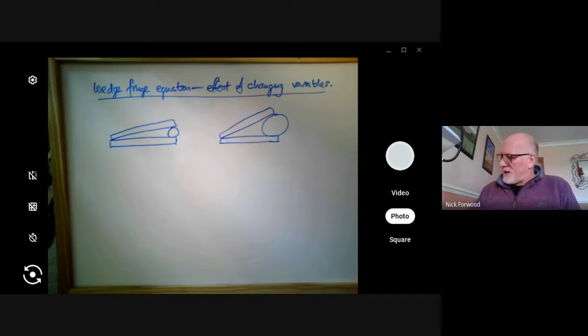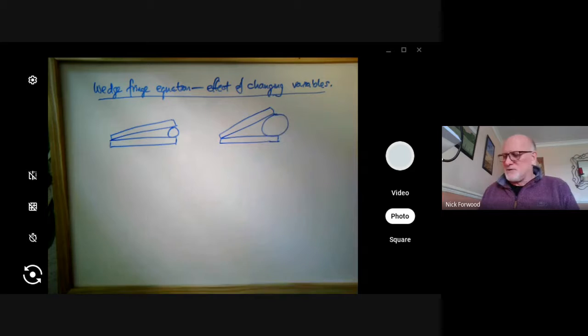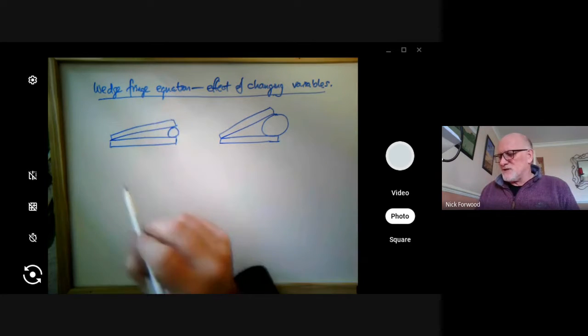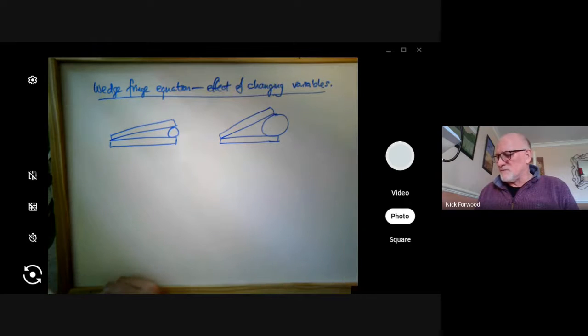In other words, what happens if you increase this distance here? Well, we've got an idea of what we see: a set of constructive and destructive interference fringes, which basically means we see some black areas and some white areas.